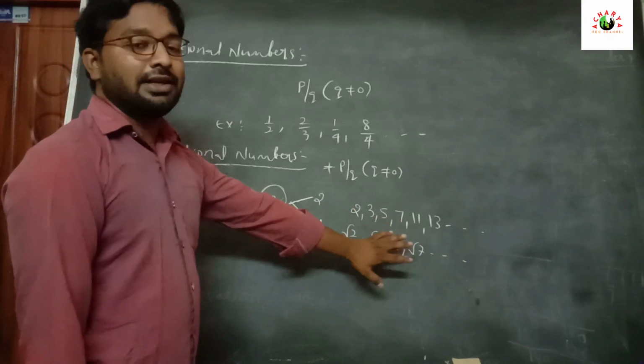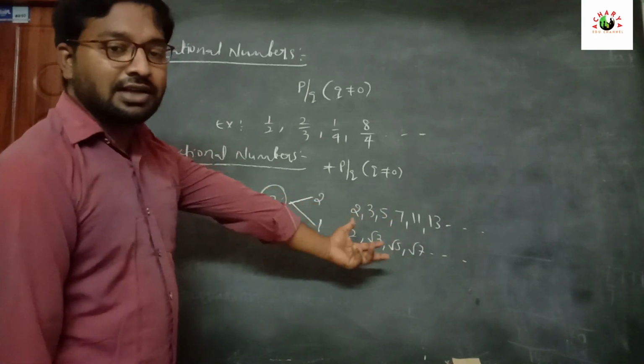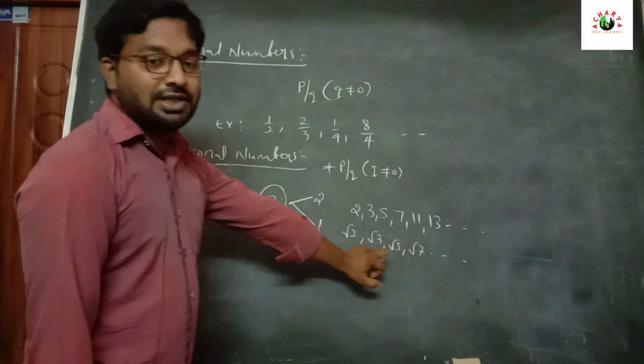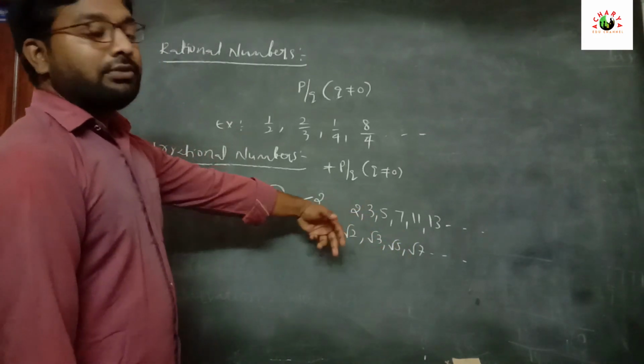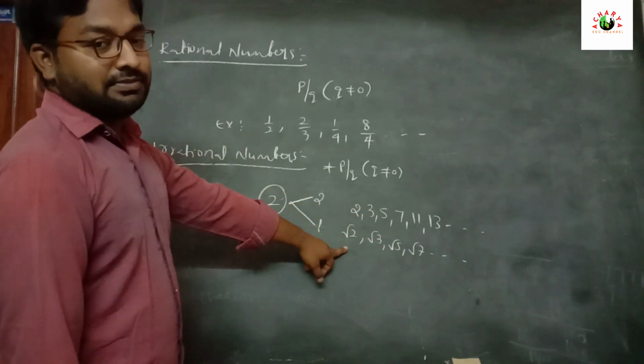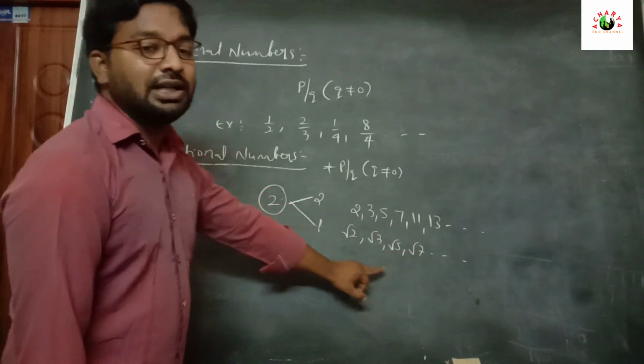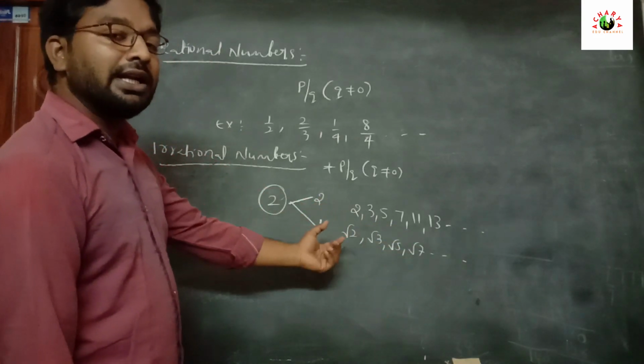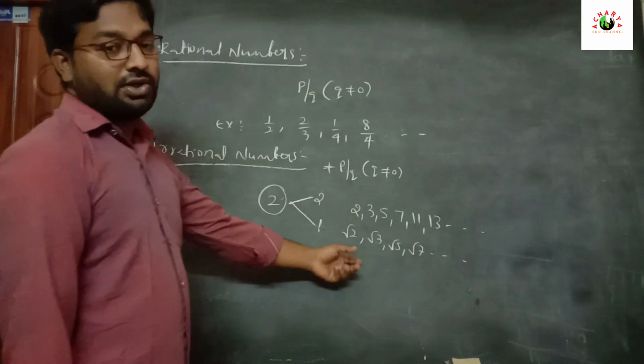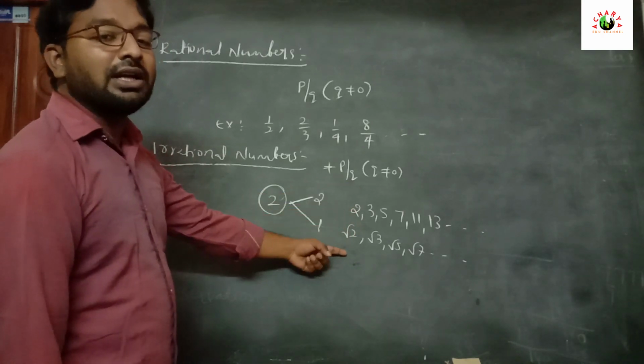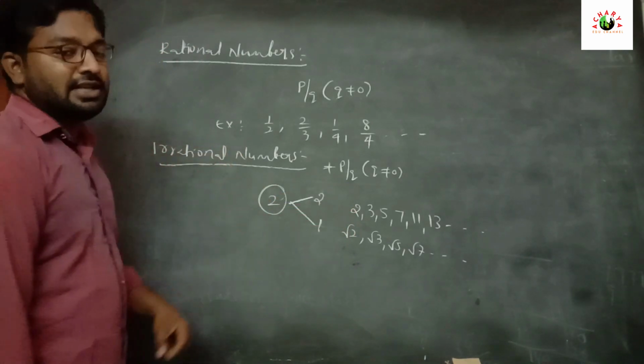These are non-terminating and also non-recurring decimals, and non-terminating, non-recurring decimals are irrational numbers.